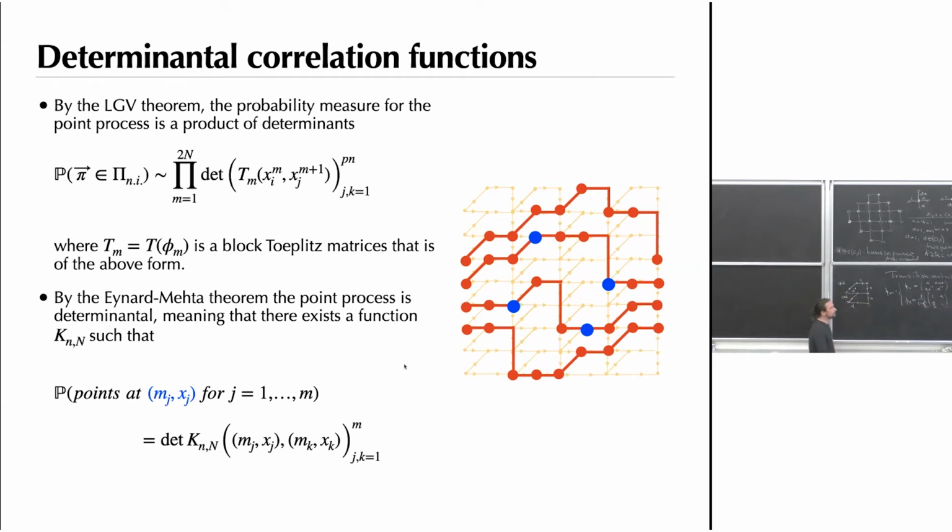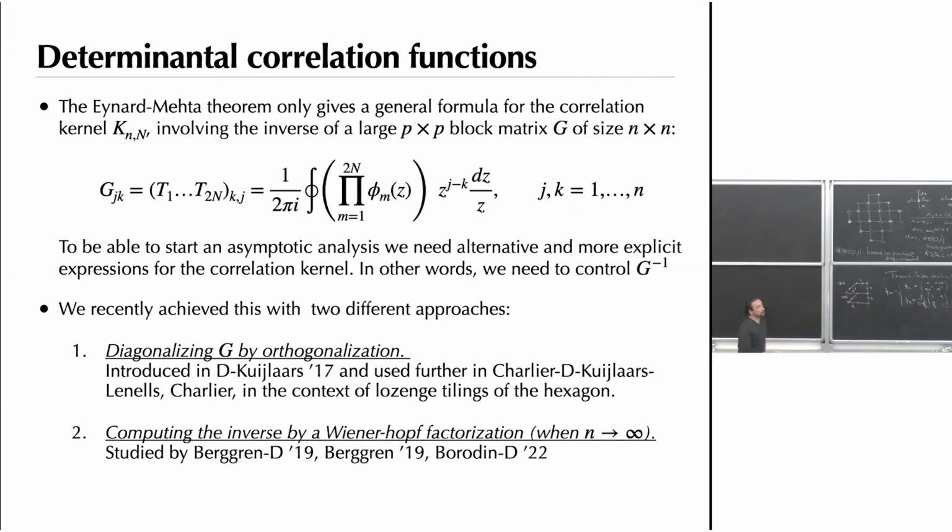And the Eynard-Mehta theorem actually even gives you a formula in terms of what we call the Gram matrix, which in this case is the following. You have a block matrix, and the jk-th block is the product of these transition matrices, the kj block of the product of those.